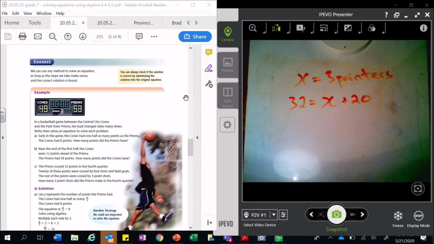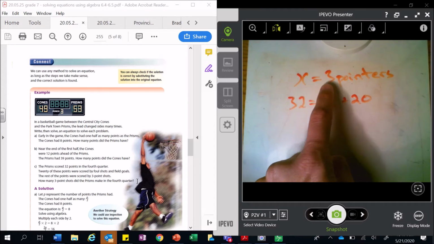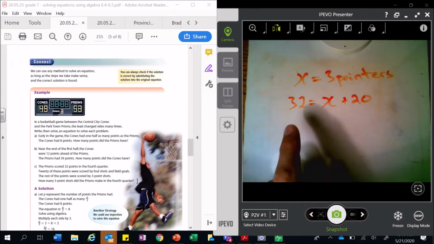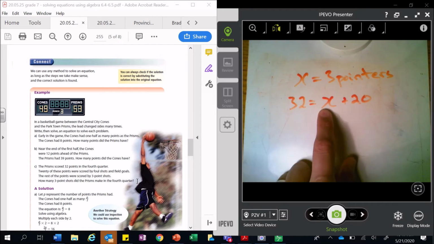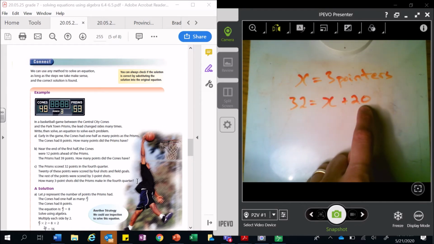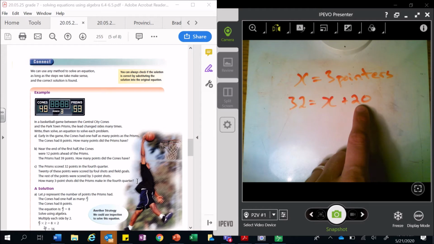There was a lot of information, so I reviewed the last of it and asked, how many 3-point shots? So I said, let's make X equal 3-pointers. I know there were 32 points in total, and that there were some 3-pointers plus 20 other points that were scored through what they call field goals or regular baskets. So I know the 20 was already there.